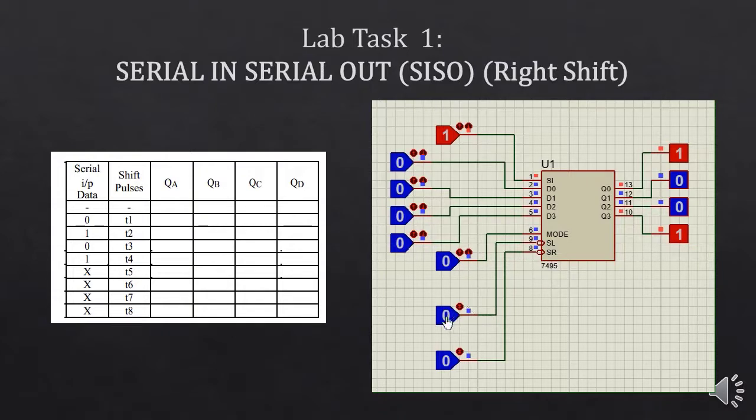When I press the toggle switch, the data is out. Again, when I press the toggle switch, again 0 is out, again 0 is out, and when I press the toggle switch again, 1 is out. So basically this is the demonstration of the serial input and serial output of the data.